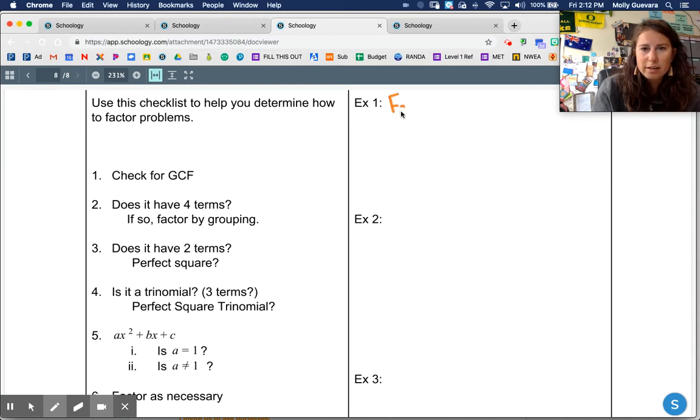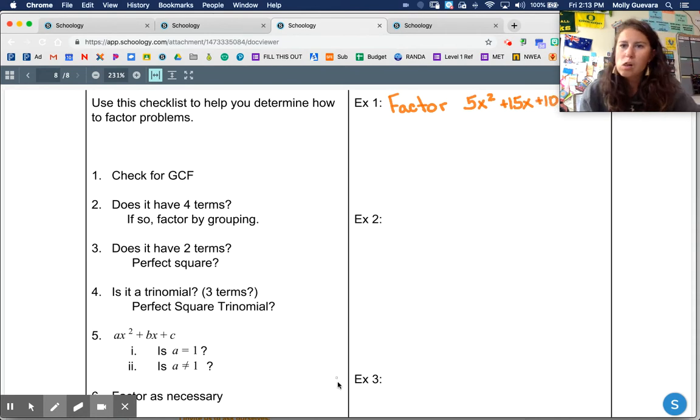Okay, so example 1 is that we are going to factor 5x squared plus 15x plus 10. Barely fit it. Okay, and so I don't know how to factor this, so I'm going to go down the list. Does it have a greatest common factor?